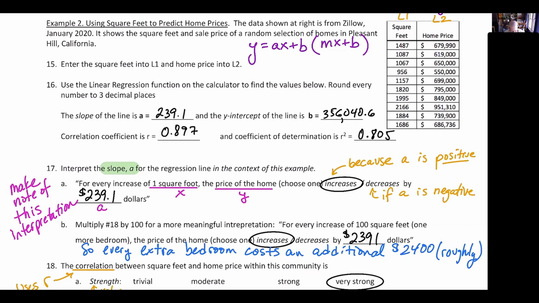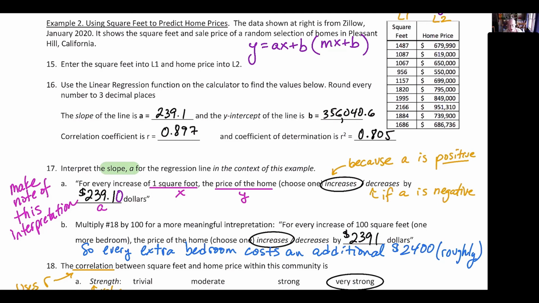Our a is 239.1. So for every 1 square foot more in house size, the price of the house increases by $239.10.